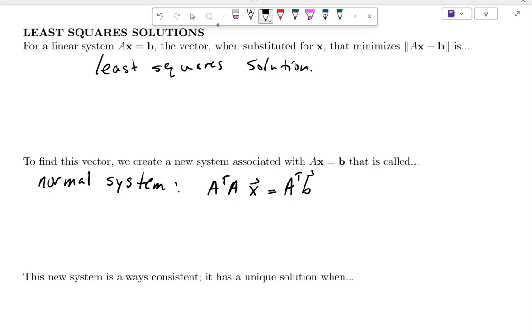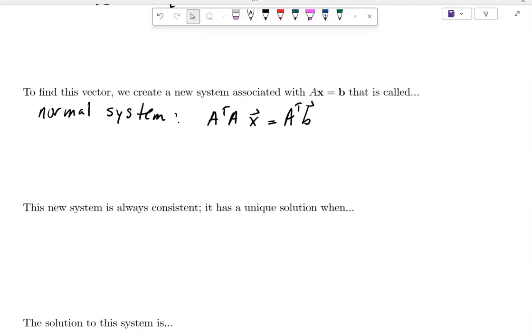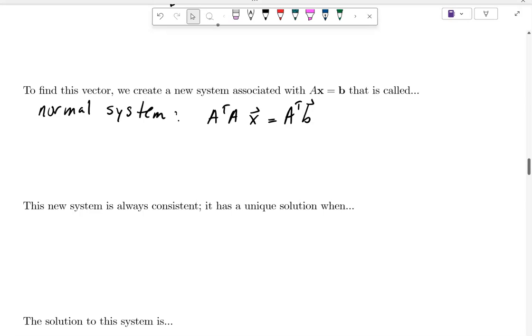If I have a unique solution, that means I can take this matrix and invert it and put it on the other side. So we will get that unique solution provided that our A has n linearly independent columns.